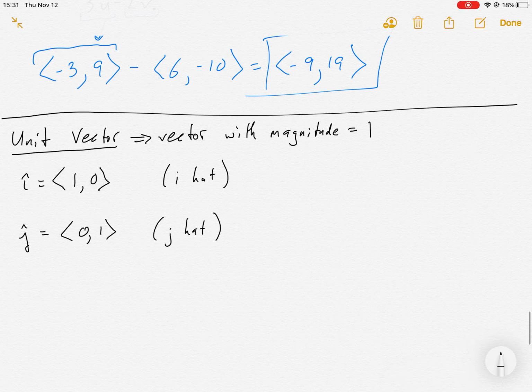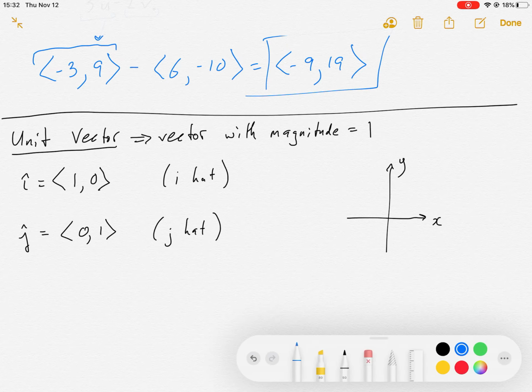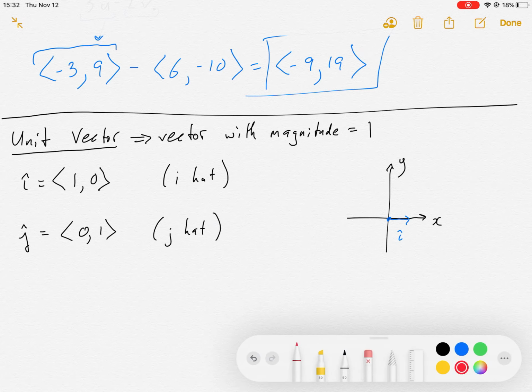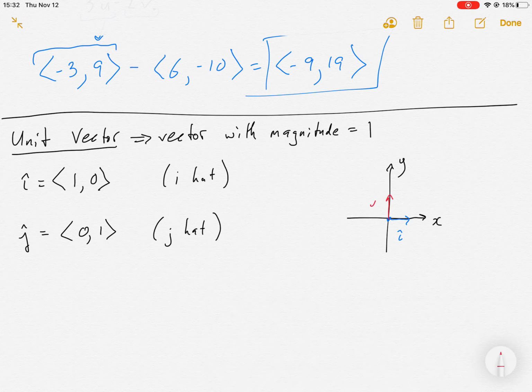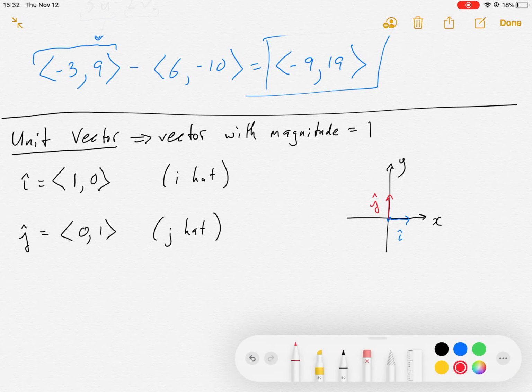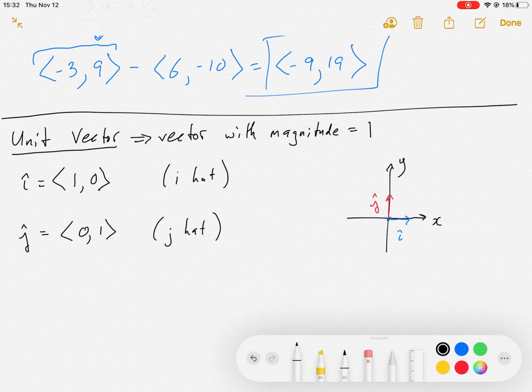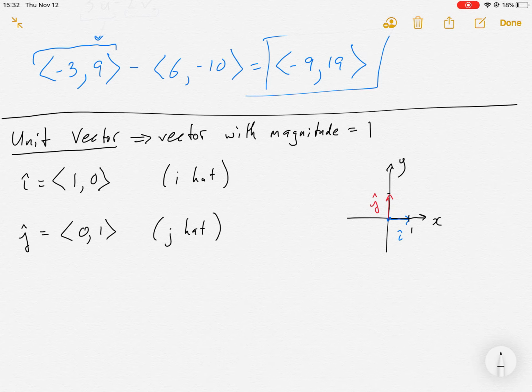Now, if you're thinking about what these vectors really mean, they basically just stand for our coordinate system. i hat goes a distance of 1 in the x direction, and j hat goes a distance of 1 in the y direction. So really these are just vectors that define our coordinate system xy like this.